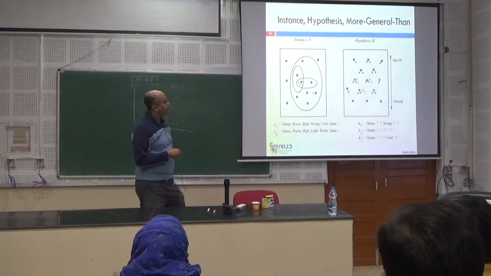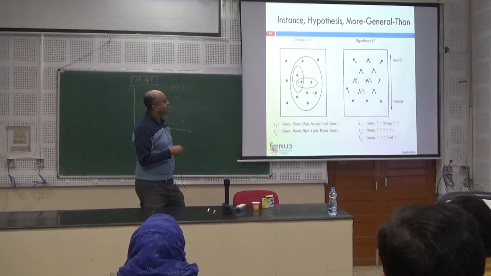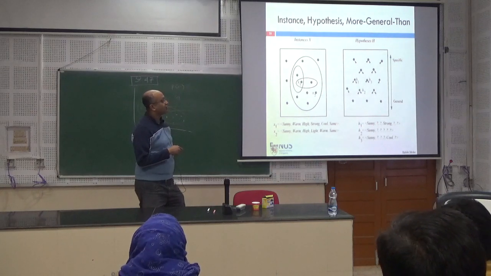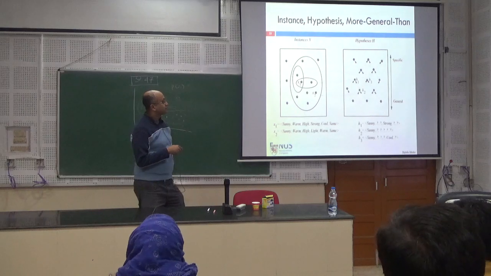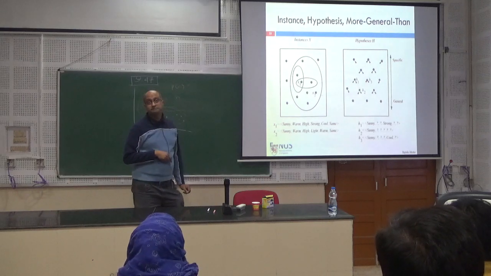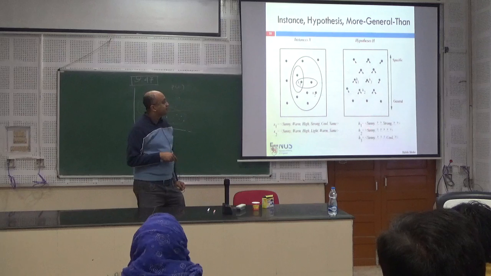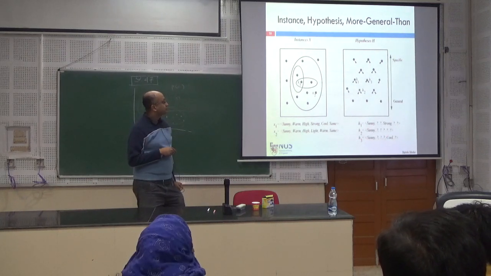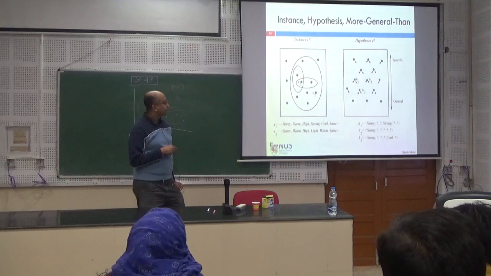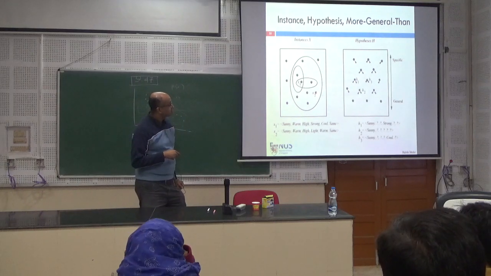Sunny and strong. So let's say this circle represents all instances that are sunny and strong. X1 is sunny and strong, so it is within this hypothesis. Hypothesis H3, let's say, says sunny and cool.